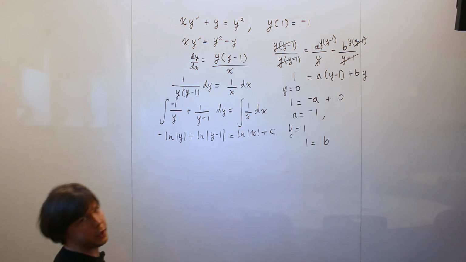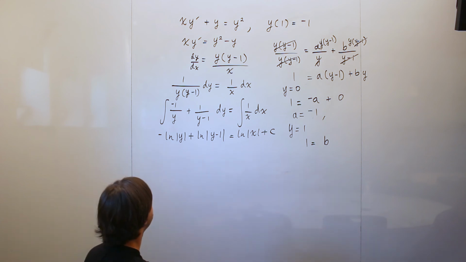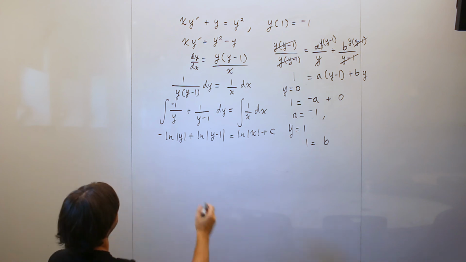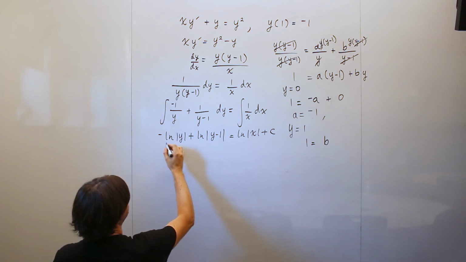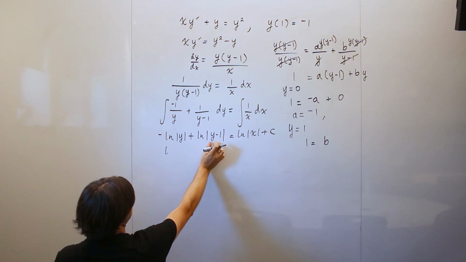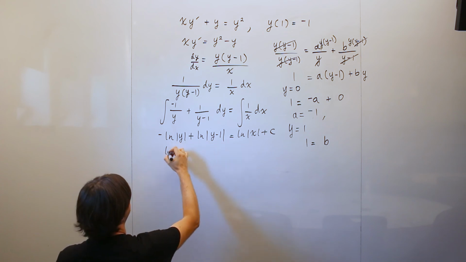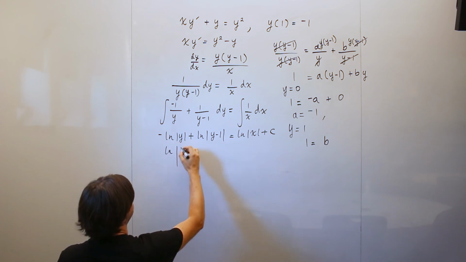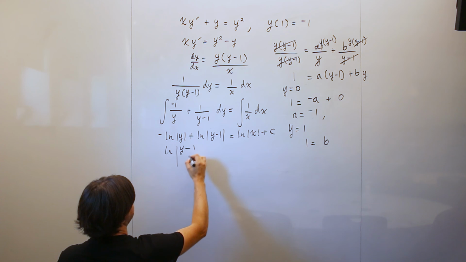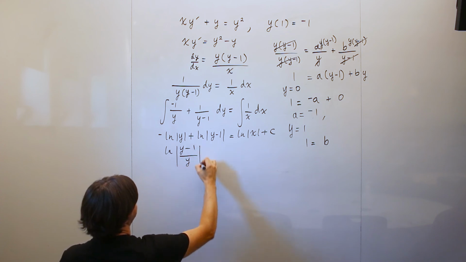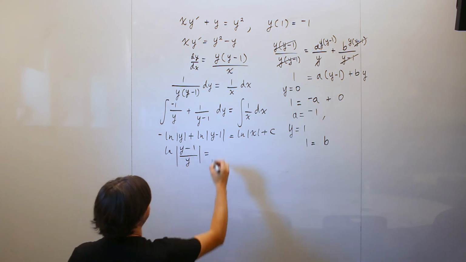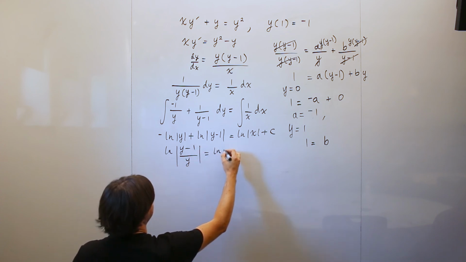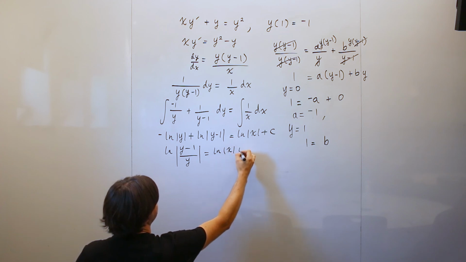So we could exponentiate both sides, but first of all, I'm going to combine on the left-hand side. So this is log of (y − 1) minus log of y. A difference of logs is a division, so we have (y − 1) over y equals, and then on the right-hand side, just the standard log x plus c.